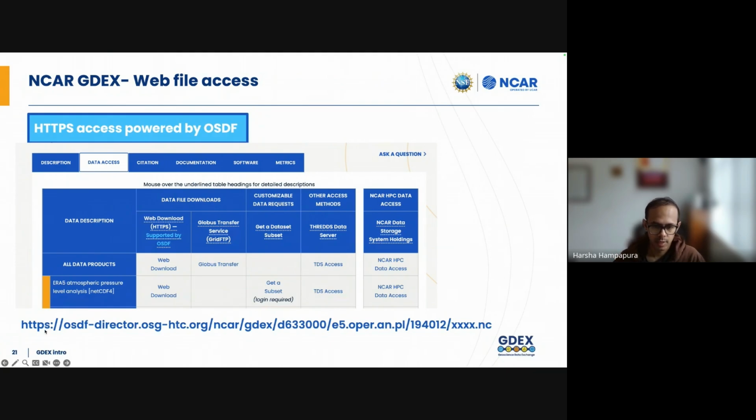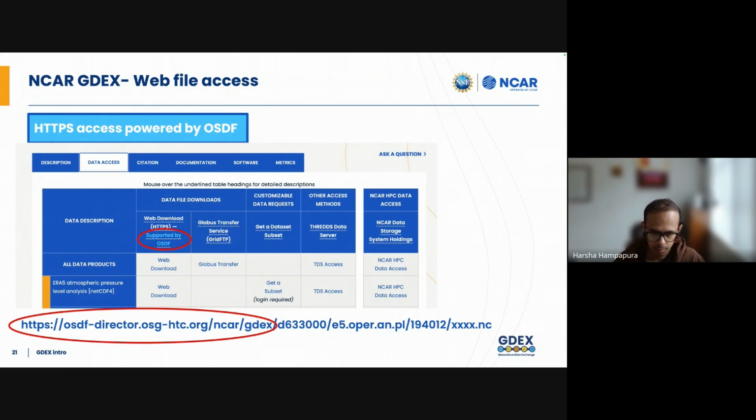It's an HTTPS link followed by the OSDF director, followed by NCAR/GDEX, and the dataset ID and path to the file. So the first part of this URL just tells you that this is an HTTP URL that is aware of the director. So you can see that it is supported by OSDF.